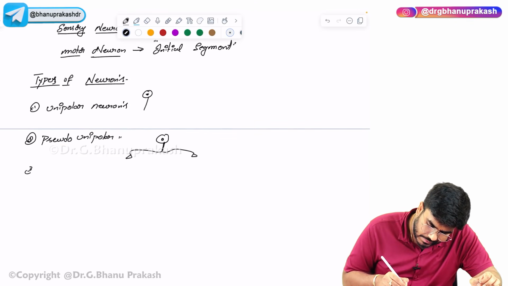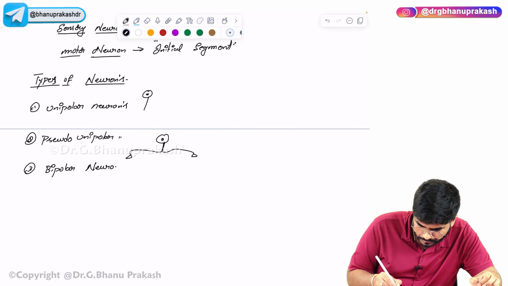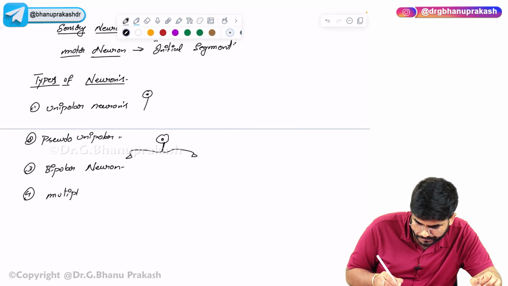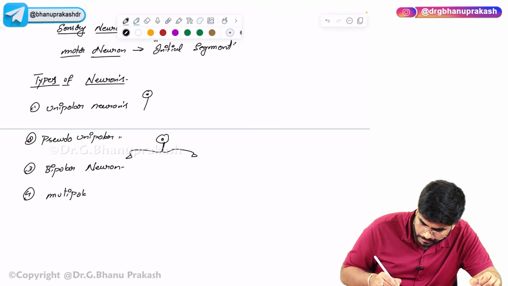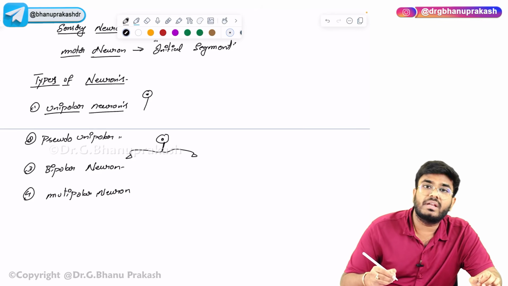And the third one is the bipolar neuron. Next, the multipolar neuron. Examples they will ask you. Unipolar neurons, where are they present?